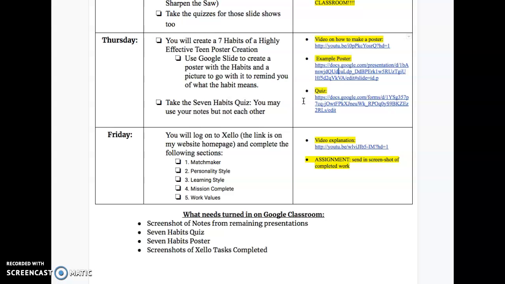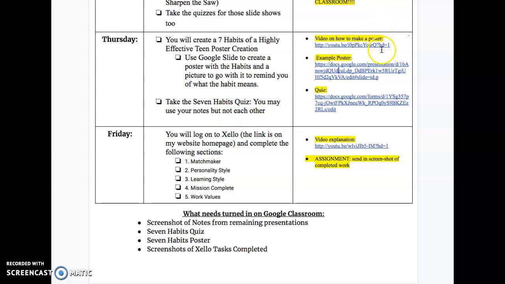We have to trust you during this time. And we want your learning to be just as good as it would be if you were here. And we've done a really good job of trying to set that up so that way we are prepared for if this was to happen. So please be honest and do your best. That will then take us to, you will turn in the poster on Google Classroom and you will take your quiz.